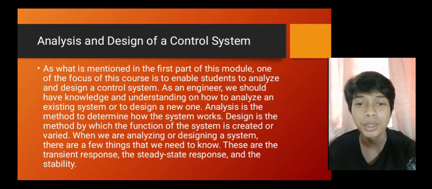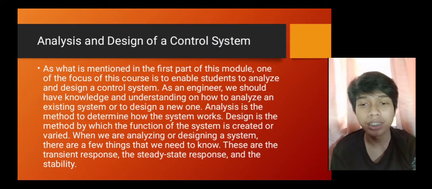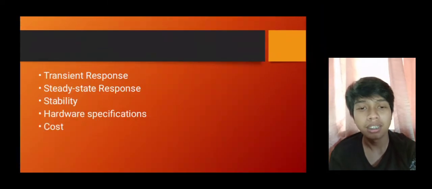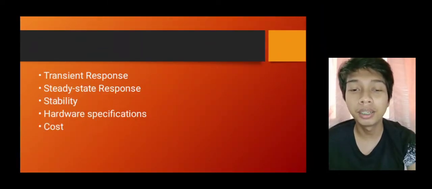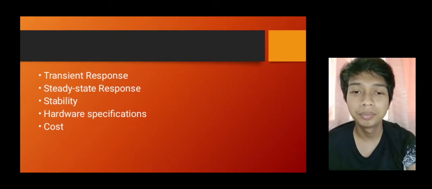Design is the method by which the function of the system is created or varied. When we are analyzing or designing a system, there are a few things that we need to know. These are the transient response, steady state response, stability, hardware specifications, and cost.